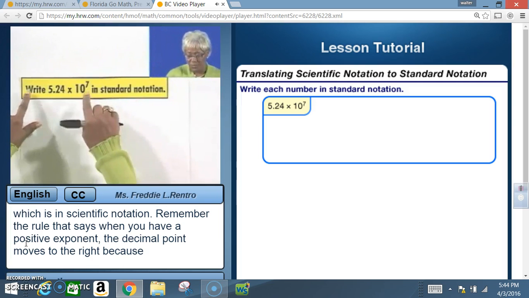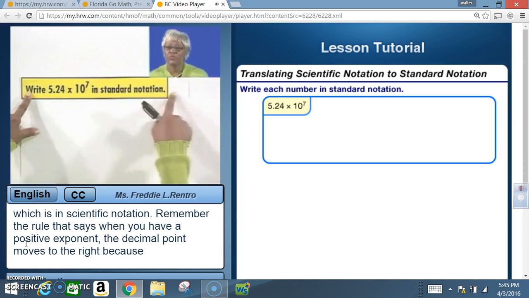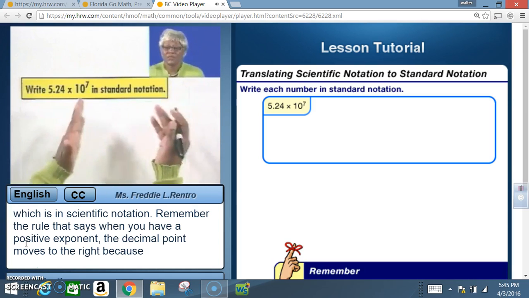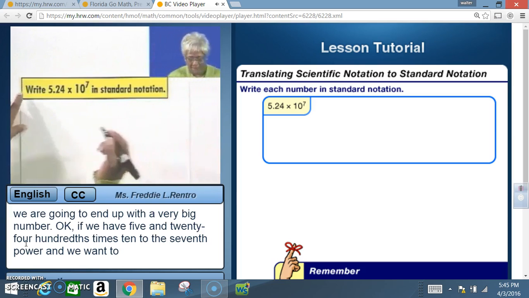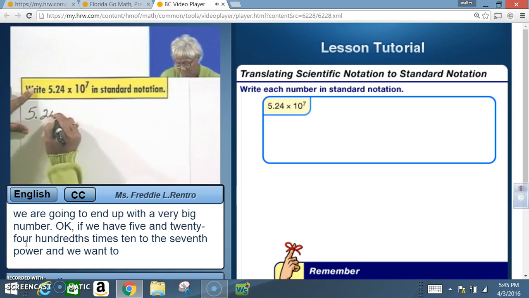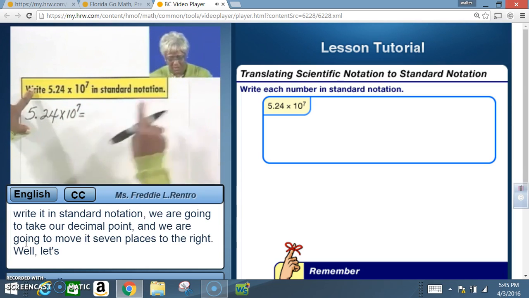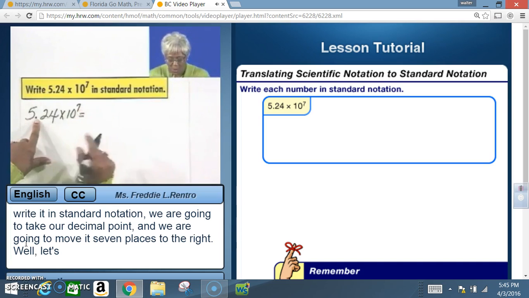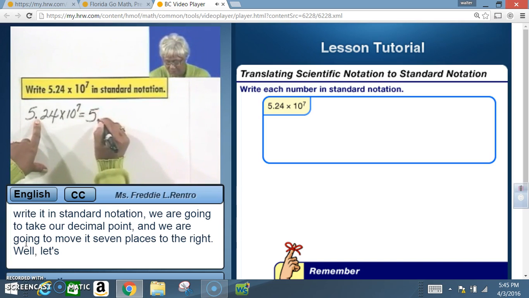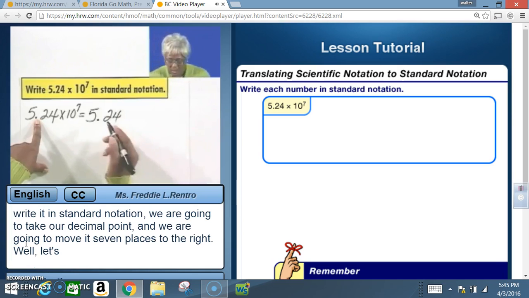Remember the rule that says when you have a positive exponent, the decimal point moves to the right, because we're going to end up with a very big number. Okay? So if we have 5.24 times 10 to the 7th, and we want to write it in standard notation, and it's to the 7th power, we're going to take our decimal and move it 7 places to the right. Well, let's see.